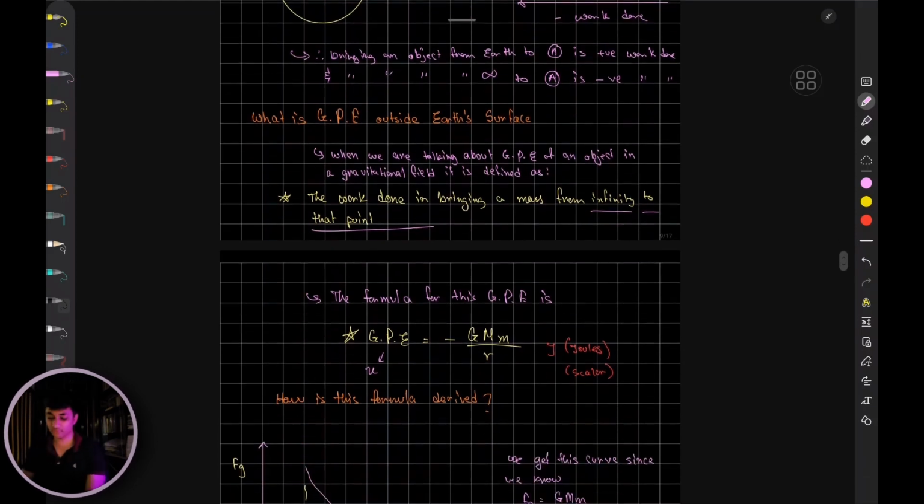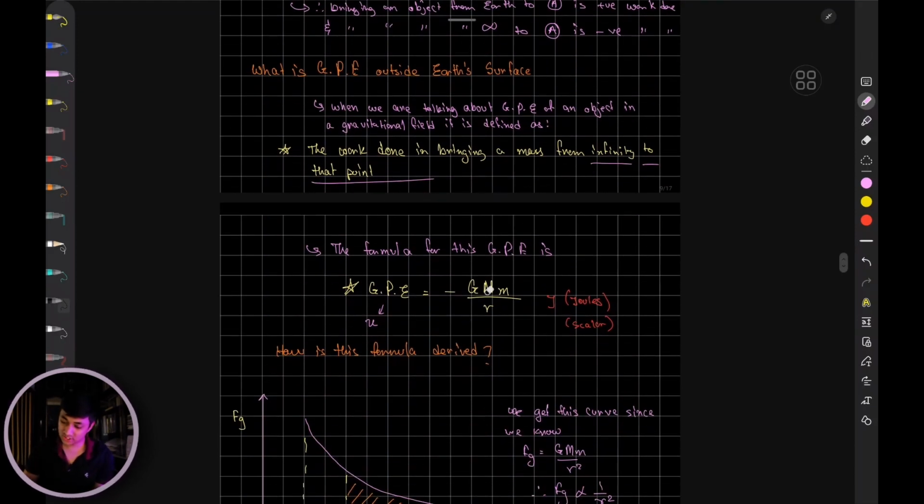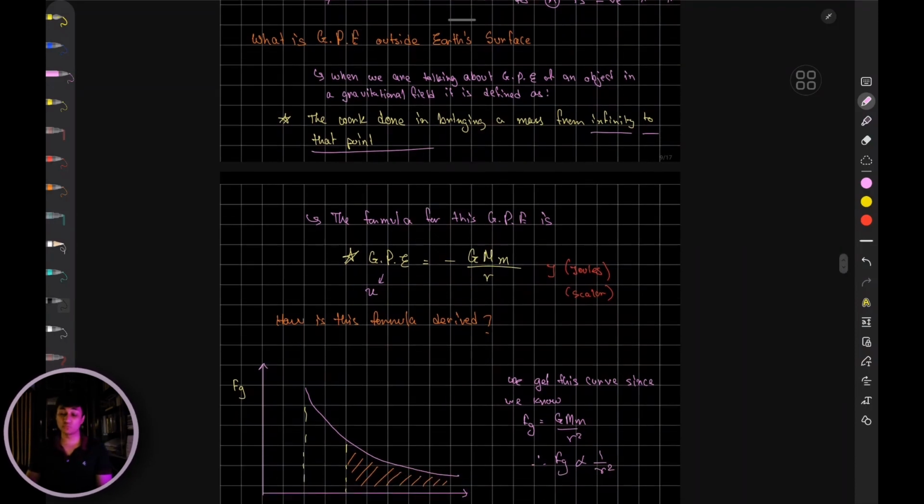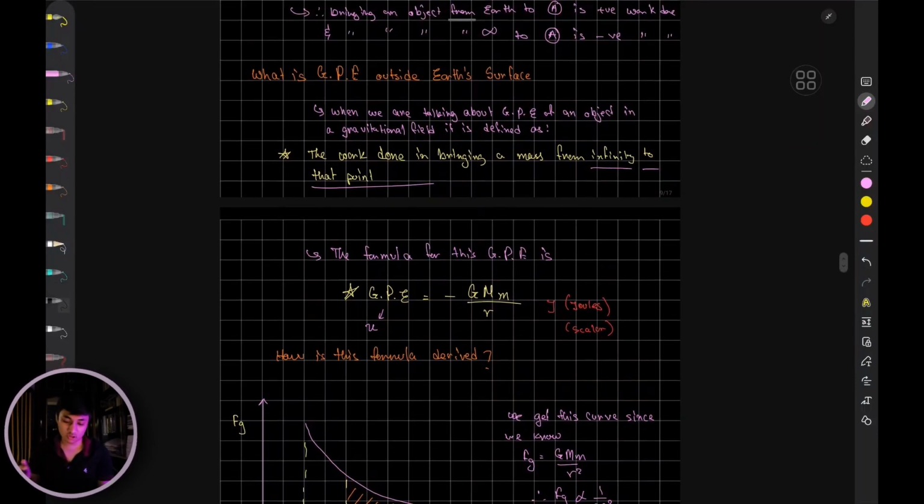And the formula for gravitational potential energy is actually G m m by R. Now, you may be confused by the formula of force and the formula of gravitational potential energy. To make it clear, an easy way to remember this is Fg, force, is G m m by R squared.